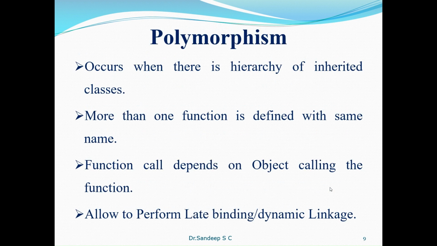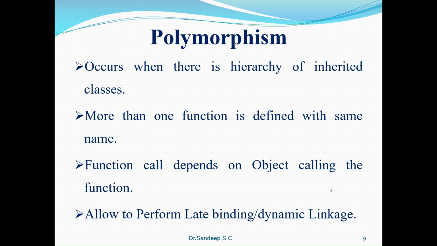Then we have another feature called polymorphism. It occurs when there is a hierarchy of inherited classes. Polymorphism is basically multiple implementations of the same function. More than one function is defined with the same name.